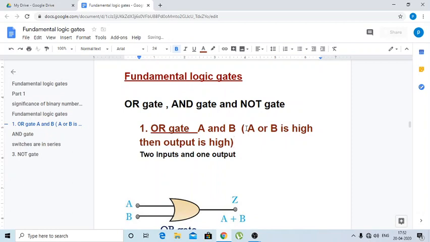So this is the circuit. A and B switches or the inputs are there. Then if either A or B is high, then the output is high.